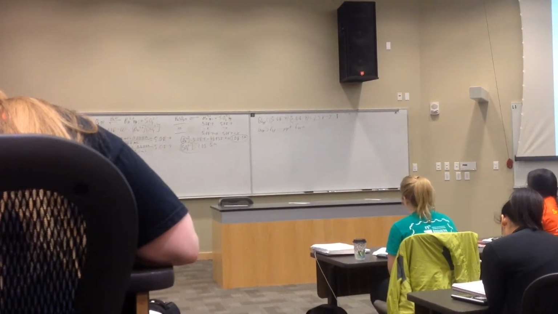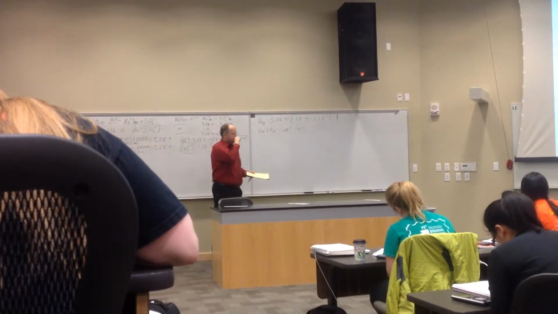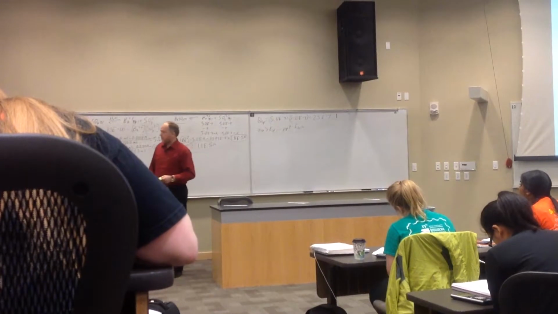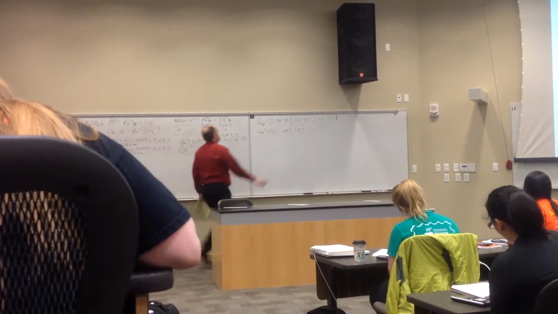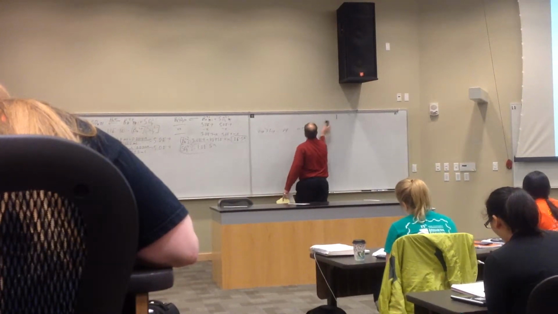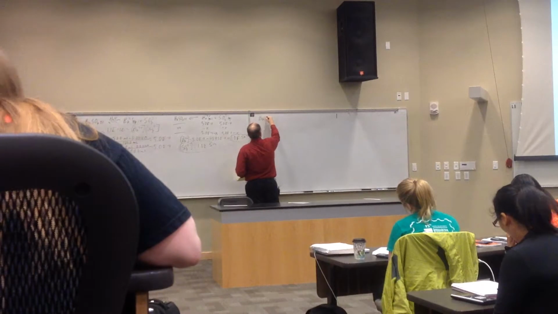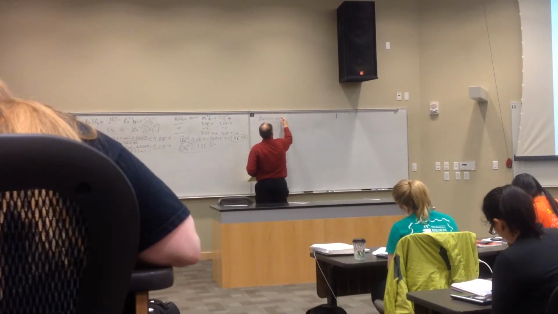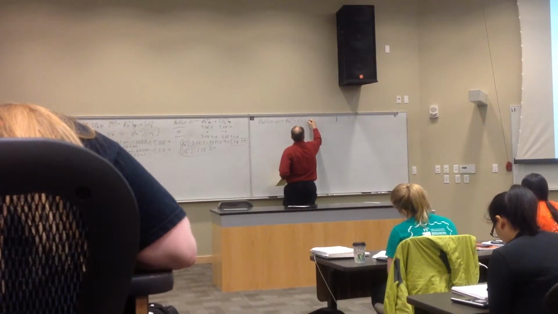Now, chloride and sodium don't change. Okay? They don't change, but I didn't calculate their initial values. But we can do that. Barium chloride gives me 1 barium and 2 chlorides.